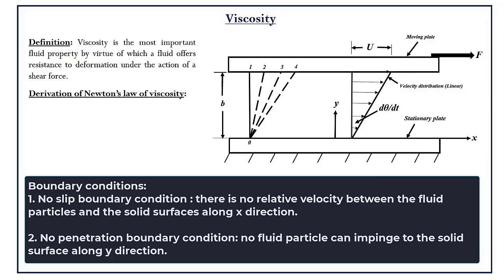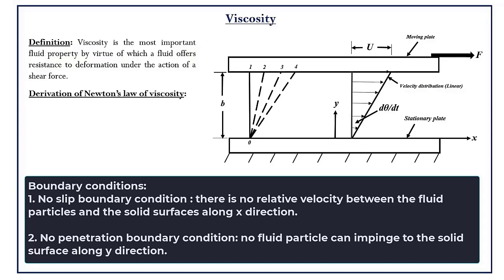Now, when we apply these two boundary conditions, we can easily say that when y is equal to 0, then u is equal to 0, and at y is equal to b, u is equal to U. And at the same time, we observe the deformation of fluid particles that lie on a vertical line at t is equal to 0, shown by the 0, 1 line in the figure.